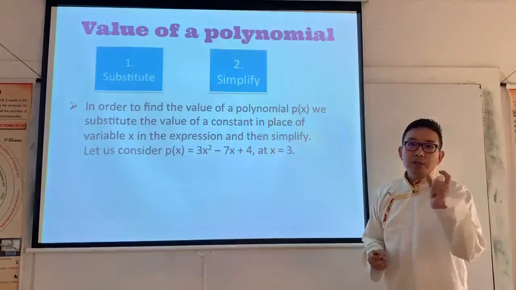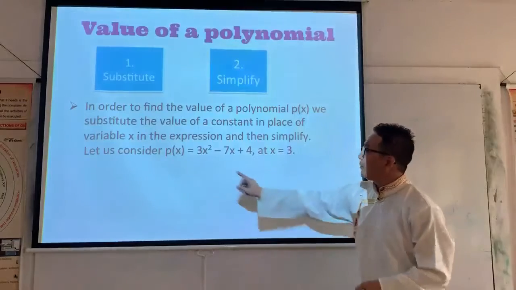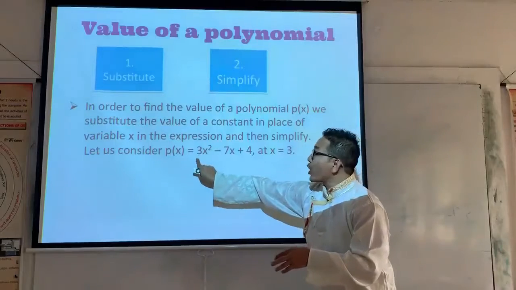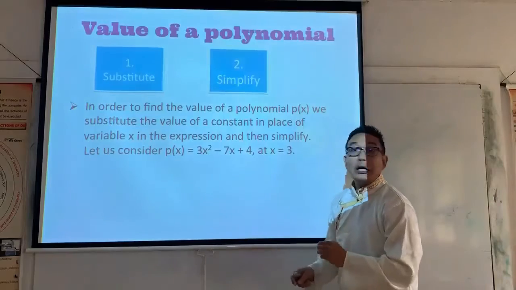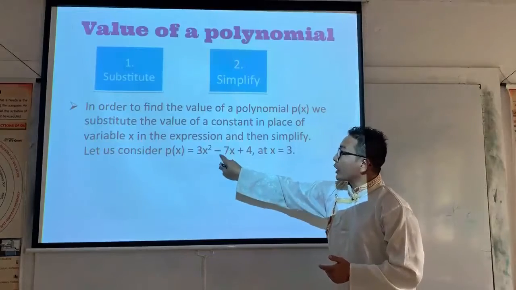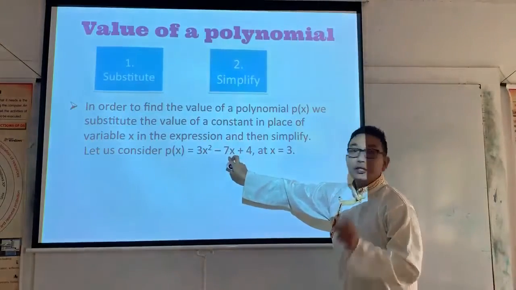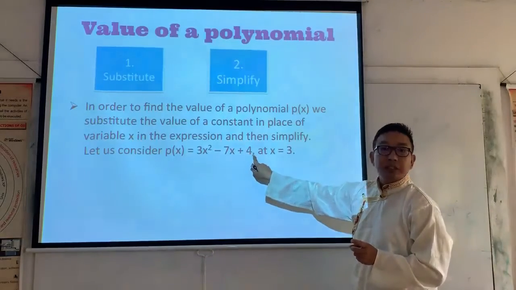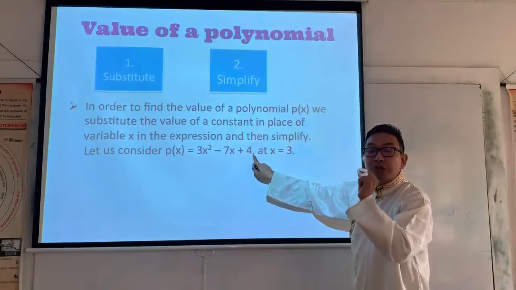In the polynomial, the terms are 3x squared, negative 7x, and the constant 4. The constant term has the variable x raised to power 0.